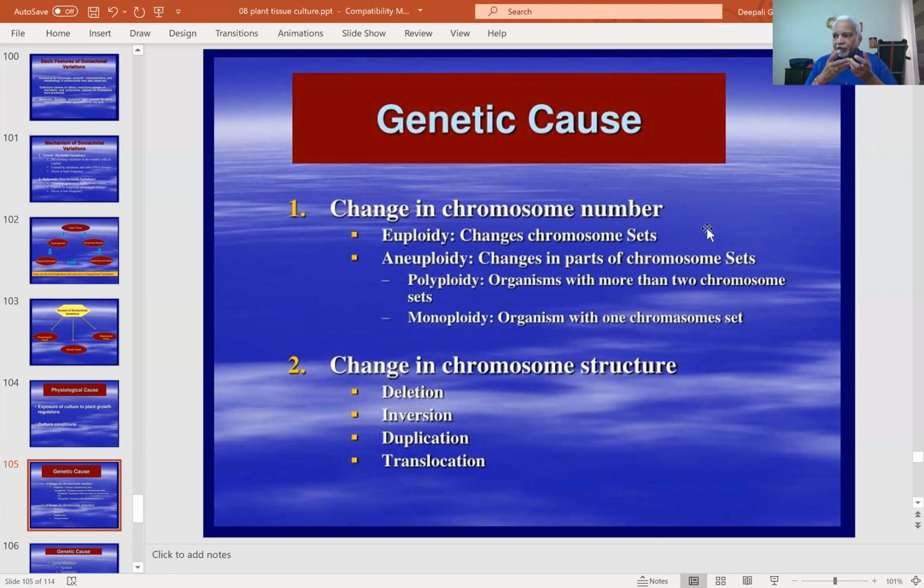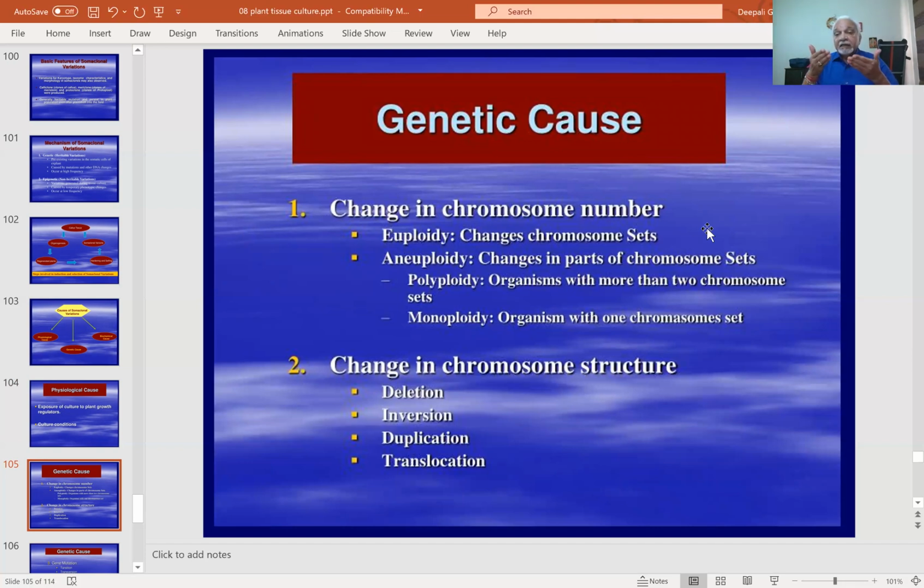So you have euploidy, a change of chromosome sets, meaning diploid becomes tetraploid or polyploid, or you have aneuploids, meaning the loss or gain of a single chromosome, or two chromosomes, or three chromosomes. So that kind of genetic change does take place.